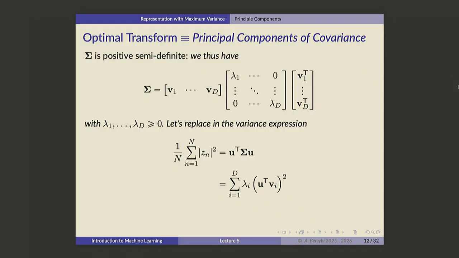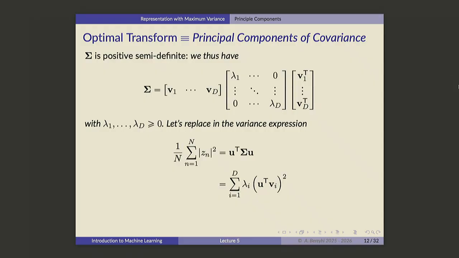And you do know that this u itself is a unit vector, right? So what would be the best choice if you have this u to play with? What would be the best vector that you would put there? You're going to put it exactly to be the one which has the maximum eigenvalue, right?